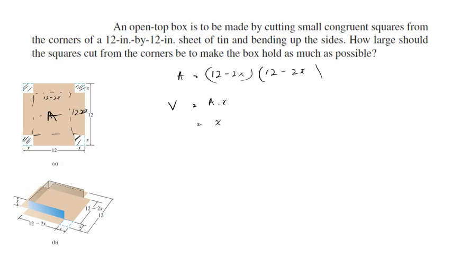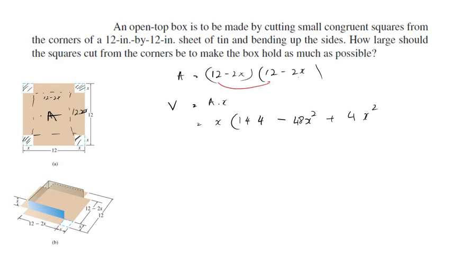So it would be x times, if you multiply this by this, you'll get 144 minus 48x plus 4x squared.